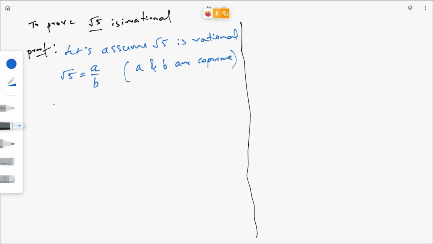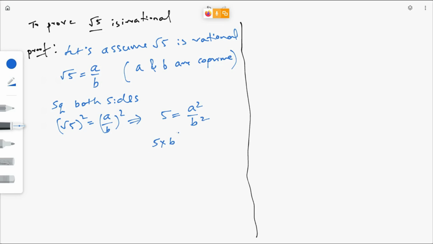After that, squaring both sides, what will you get? Root 5 whole square is equal to a by b whole square. This gives 5 is equal to a square by b square, or 5 into b square is equal to a square. Any doubts still here?